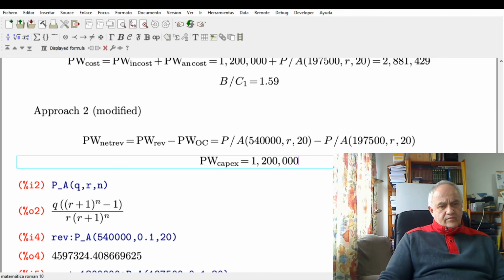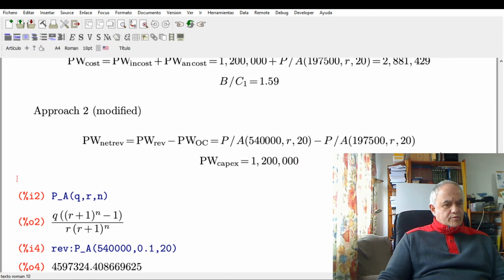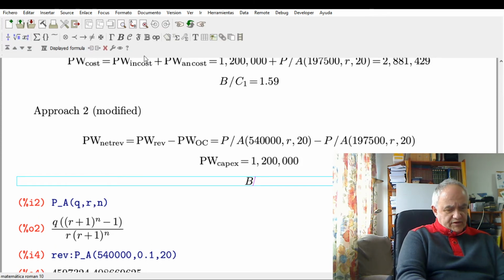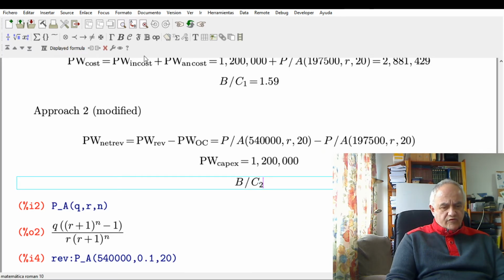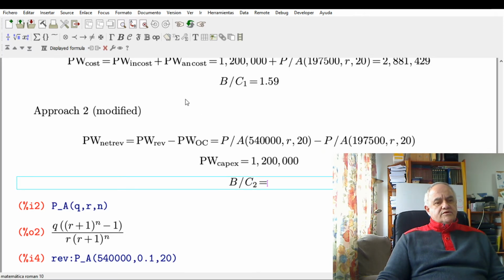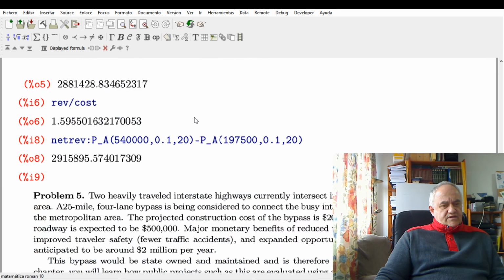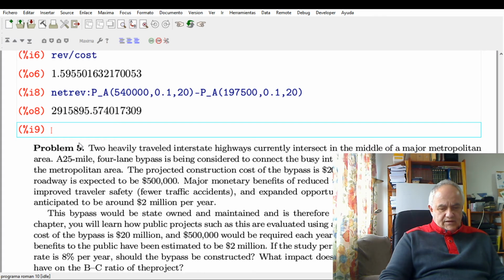Then the benefit cost approach 2 will still be interesting, will be consistent, will give us important information, but this information will be expressed with different figures. So we have this, then we divide by the net revenue.